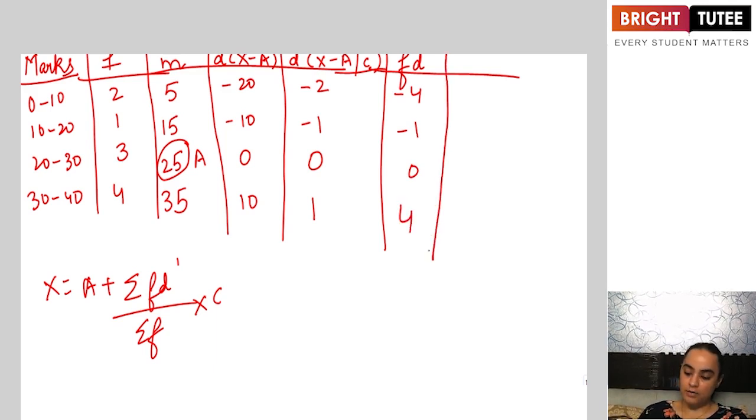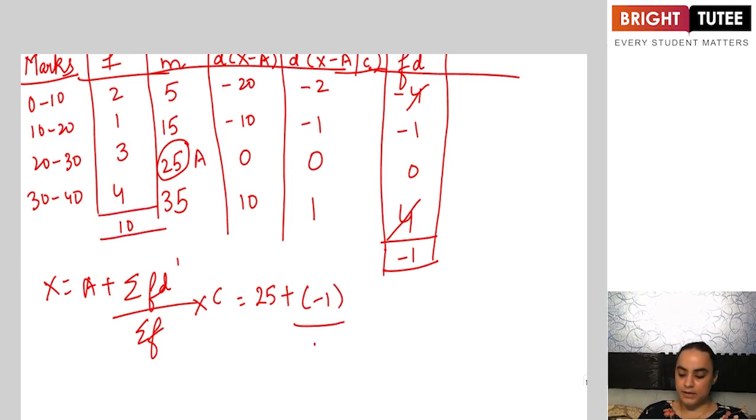Right? Now let us apply the formula. A, 25, plus sum of fd dash. So minus 1 divided by the sum of frequency, which is 10, into the common interval, which is 10 again.